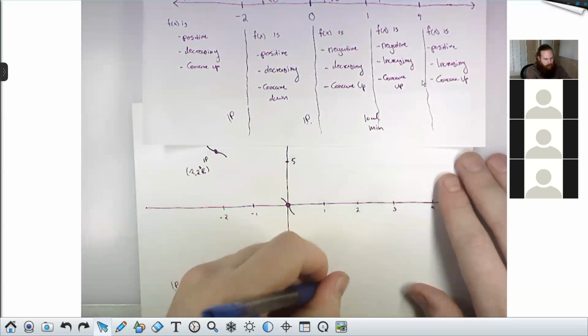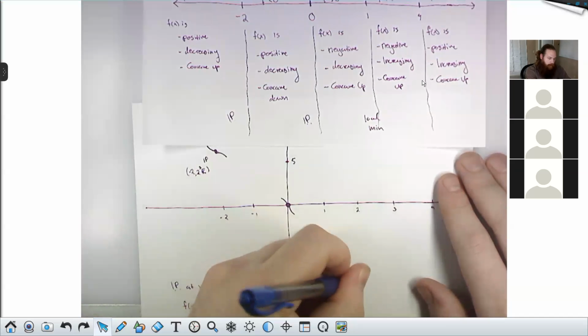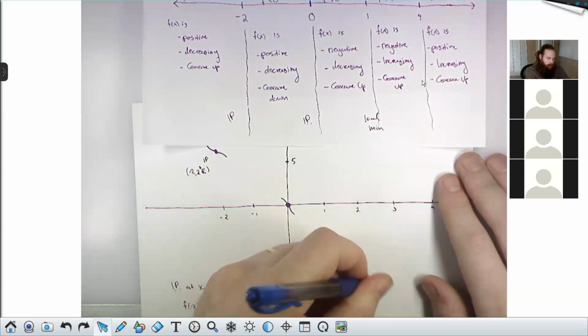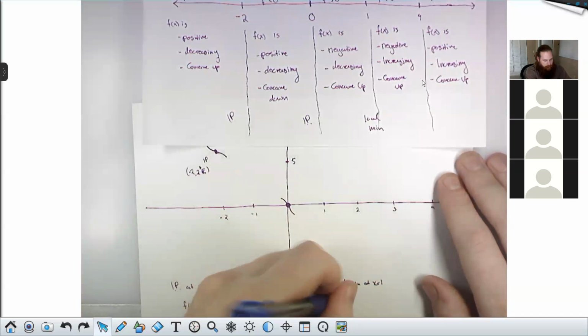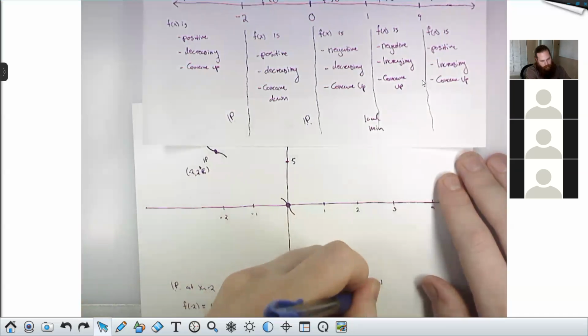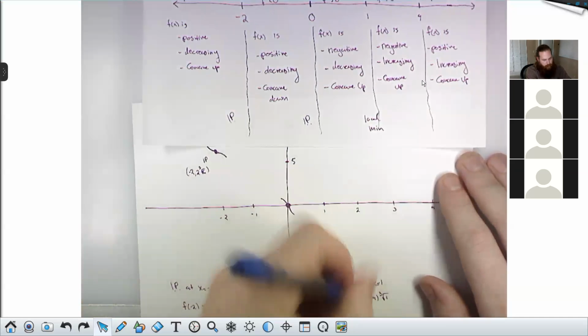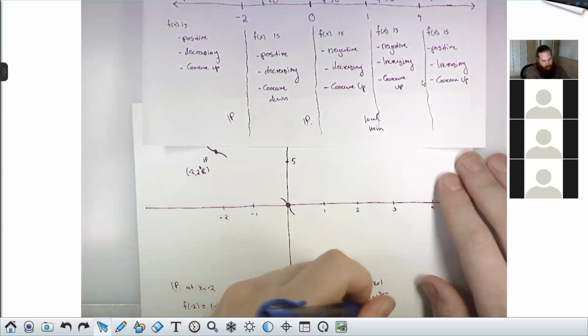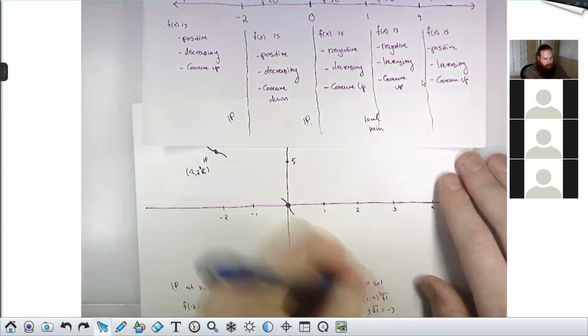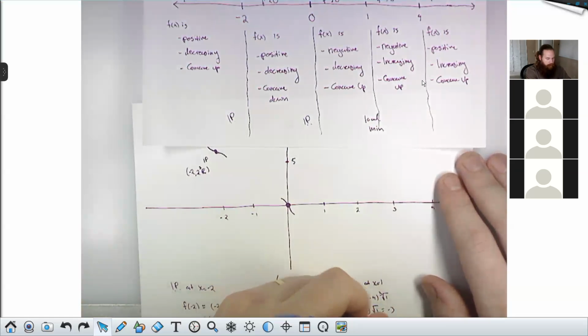I have a local min at x equals 1. F of 1 is 1 minus 4 times the cube root of 1, which is negative 3 times the cube root of 1, which is negative 3. So the point there is 1, negative 3.